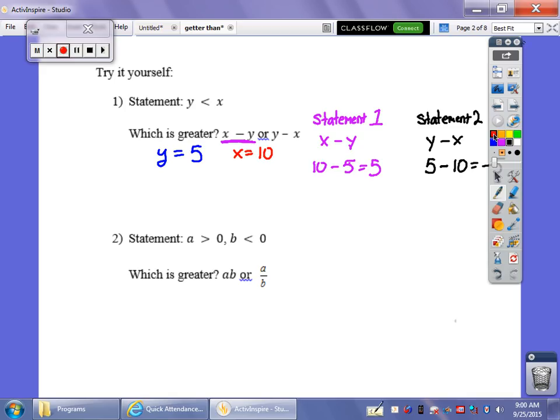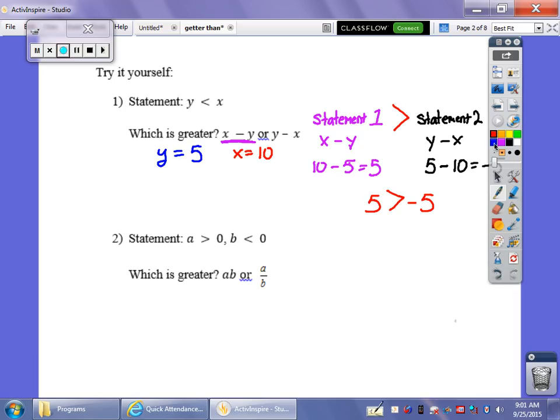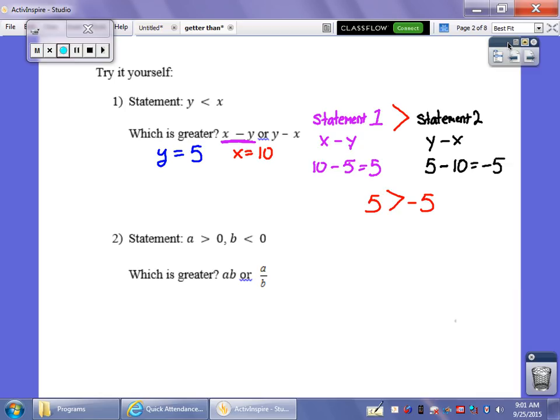Well, we know that 5 is greater than negative 5. So therefore, statement 1 is greater than statement 2, which means my solution is x minus y is greater than y minus x.